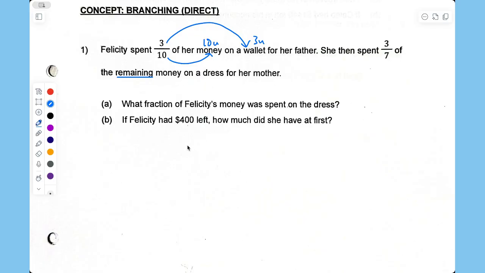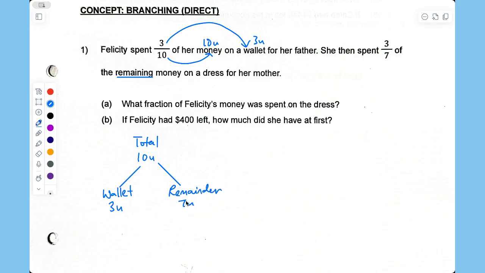For this question, we will use the branching method. The total units that she has is 10 units of money. And out of this 10 units, she spent 3 units on a wallet for her father. And the remainder will be 7 units.